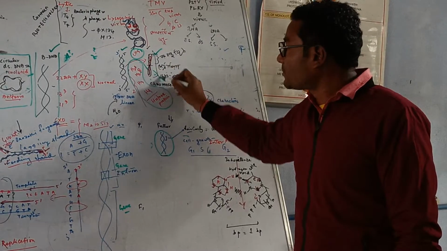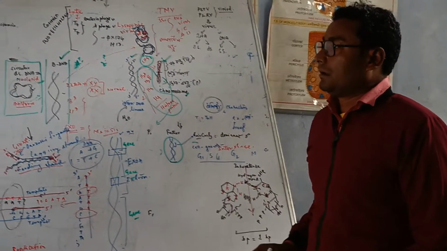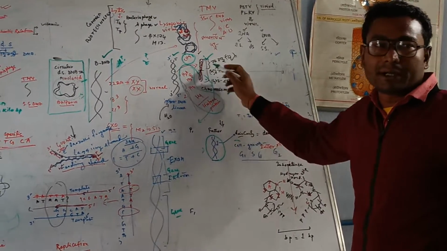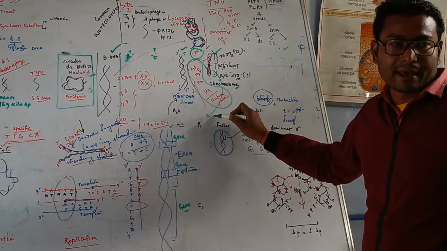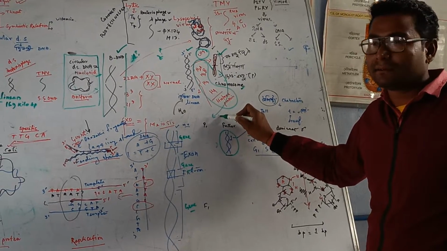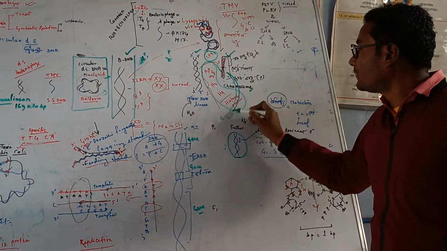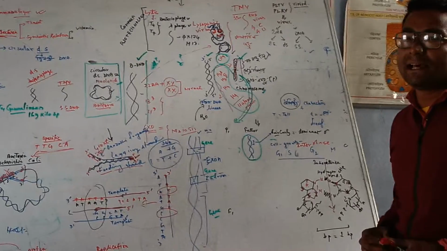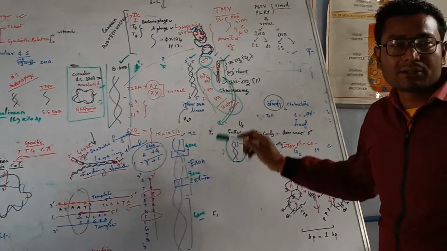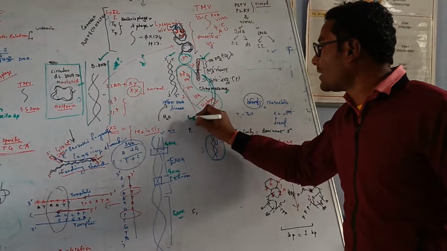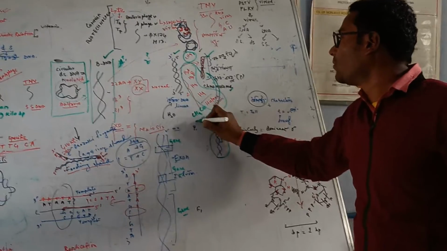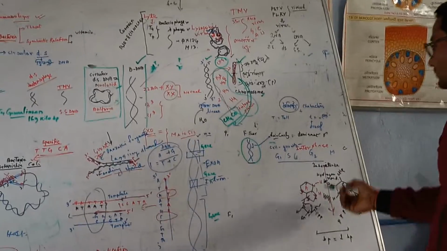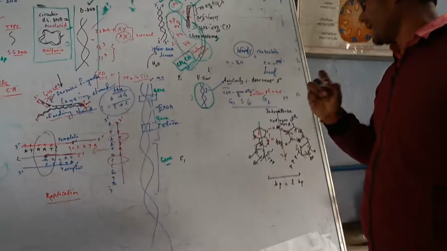But in case of DNA replication, you need to decondense this. For the decondensation, you require histone acetylase. Histone acetylase means a group called CH3CO needs to be fixed with every nucleotide.